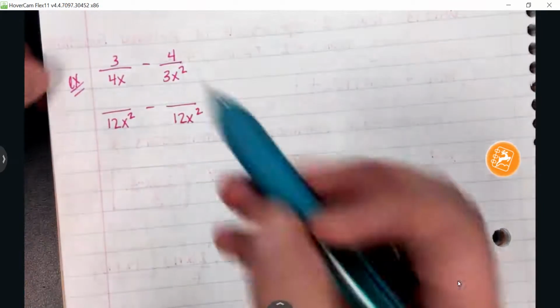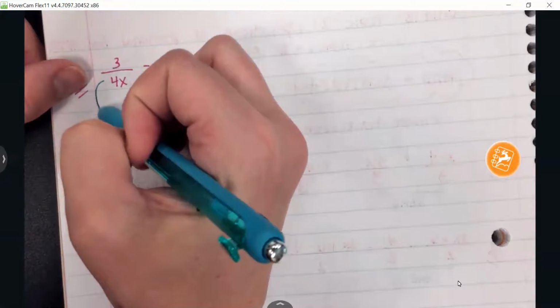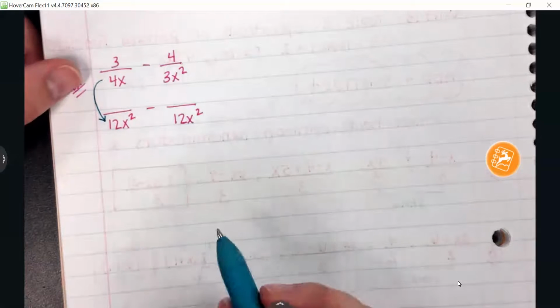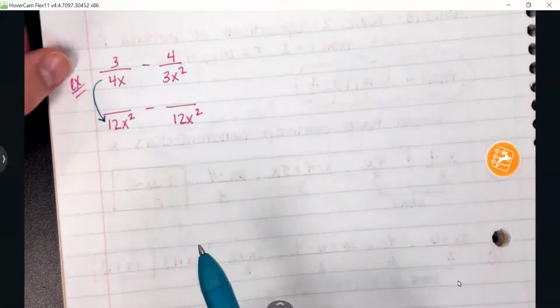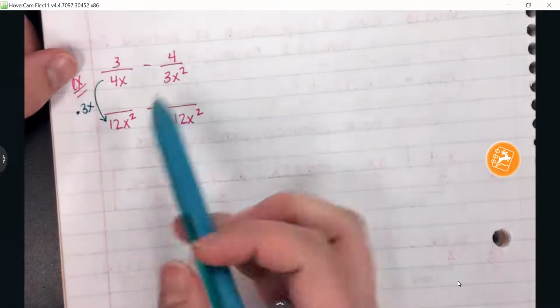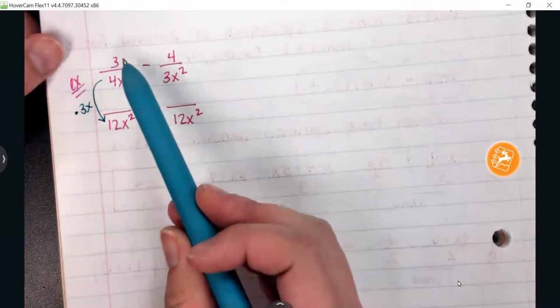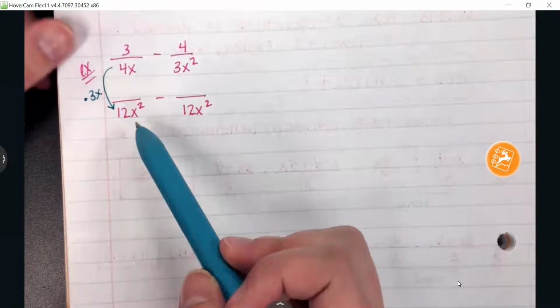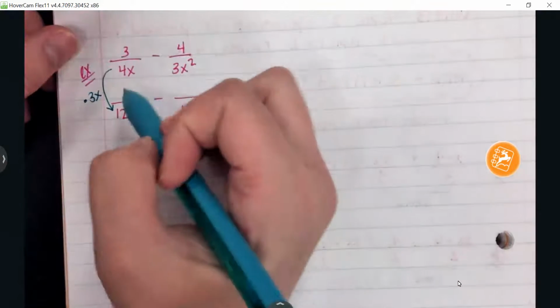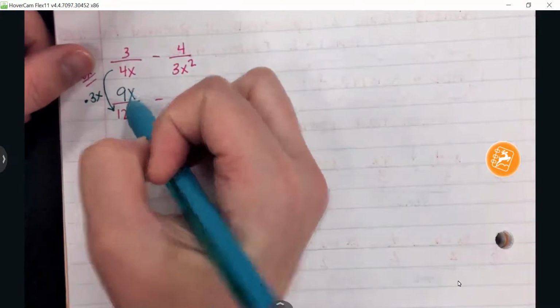So how do I get from 4x to 12x squared? What do I multiply by? By 3x. And if I do that to the denominator, I do it to the numerator. So what is my new numerator going to be? 9x.